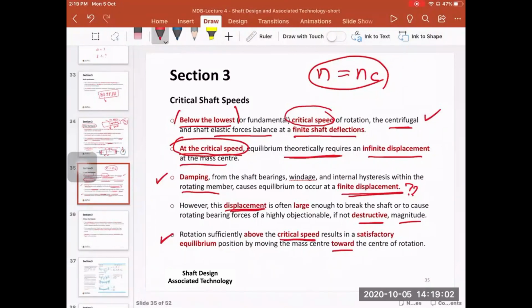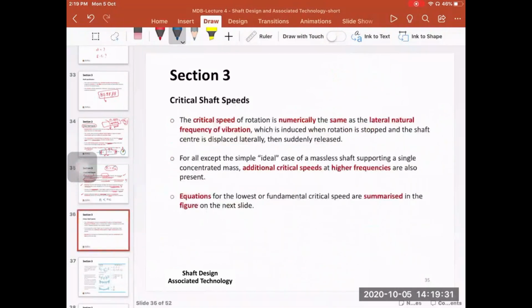So the most critical, or the most dangerous one, is this one, when the rotating shaft speed is equal to the critical speed. The deflection becomes very high, and it's quite dangerous. So we want to make sure that our rotating speed is less than the critical speed. This is what we are trying to do.